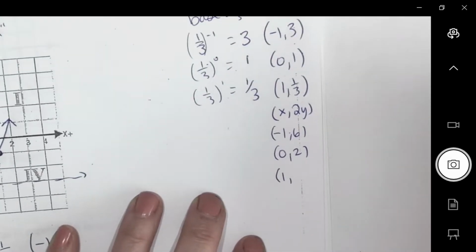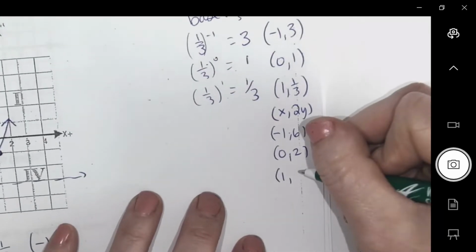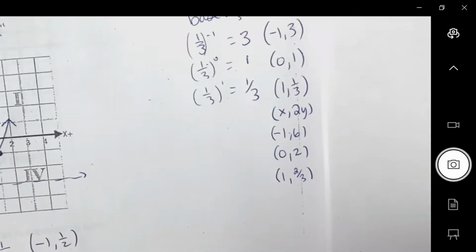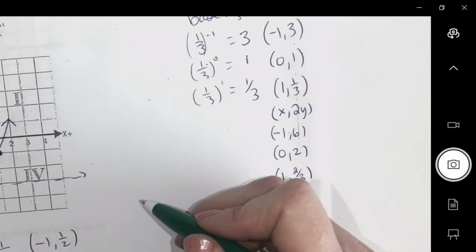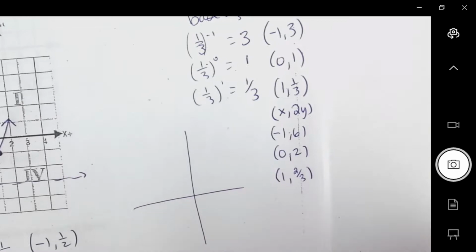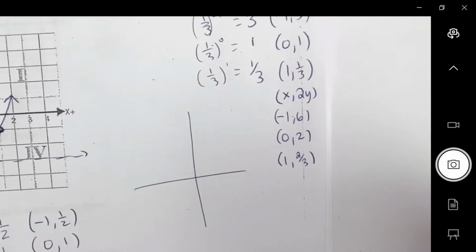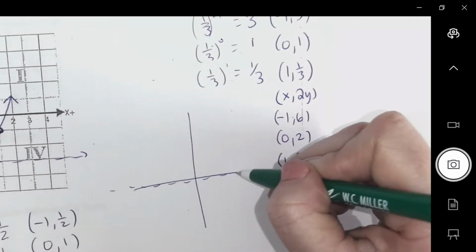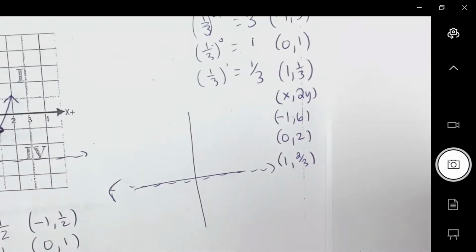What is 1/3 times 2? 2/3. Okay. So where should I start my asymptote? It is still at 0 because I didn't go up or down, so it doesn't go up or down.